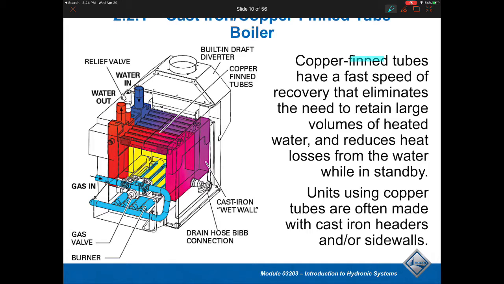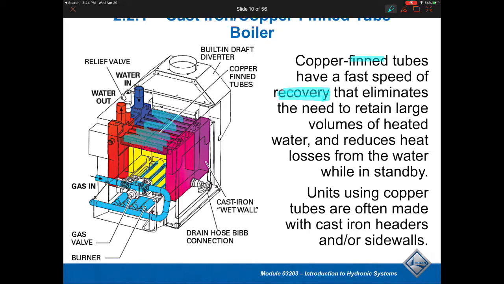And I'm going to go ahead and change my marker a little bit here. So copper fin boilers, one of the things that's pretty nice about them is, as I fire this boiler up, the recovery speed, what it takes to warm up those copper tubes, these fin tubes that we're showing right here, those are all copper tubes.